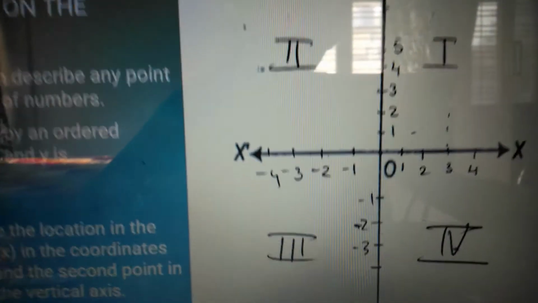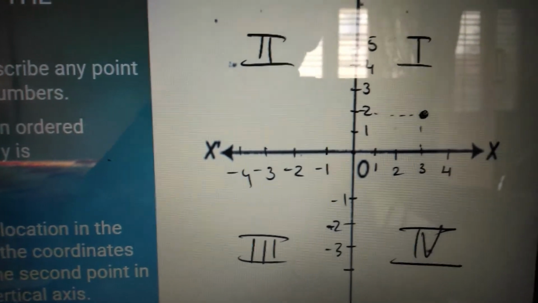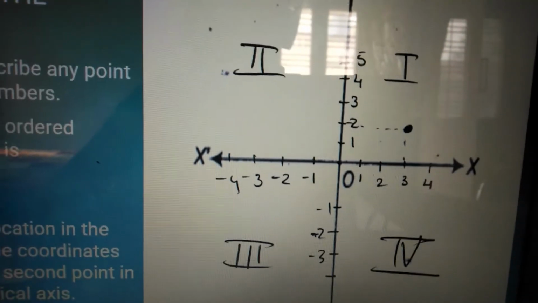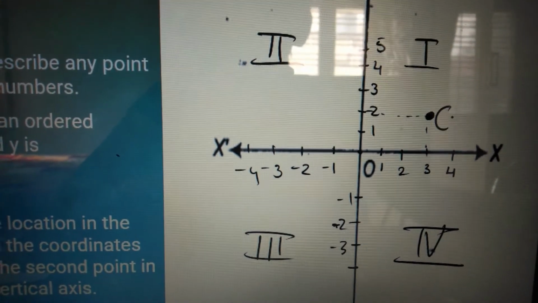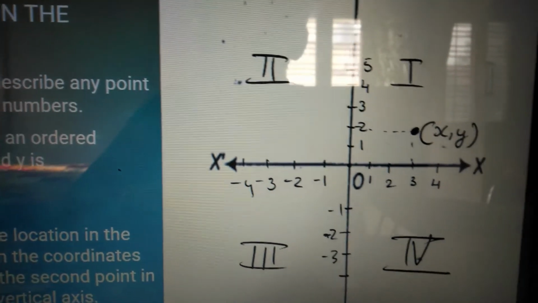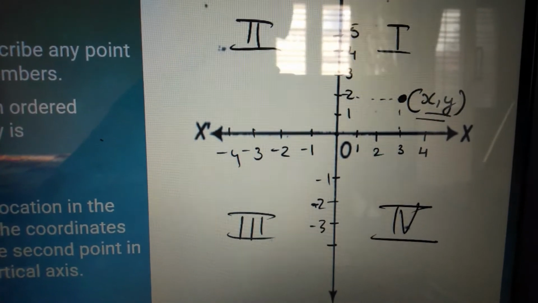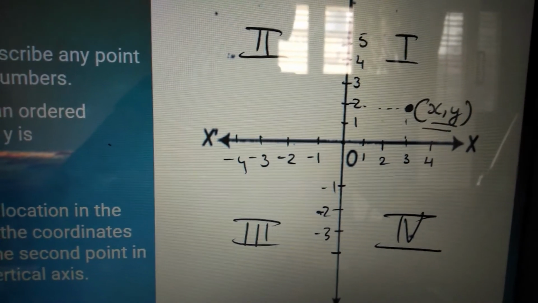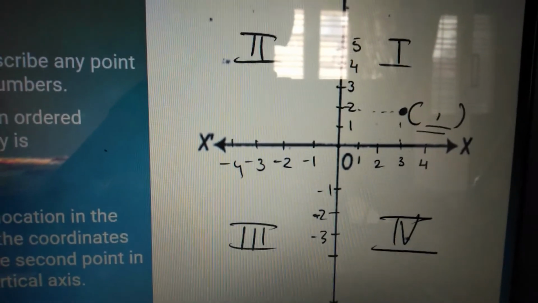See, suppose here in this graph sheet, let's say I want to plot this point. If I want to write the coordinates of this point, how will I write? It will be of the form x comma y, right? But this is not how I write on a graph sheet. I cannot just write x comma y. In fact, I will write that particular number in the place of x comma y.